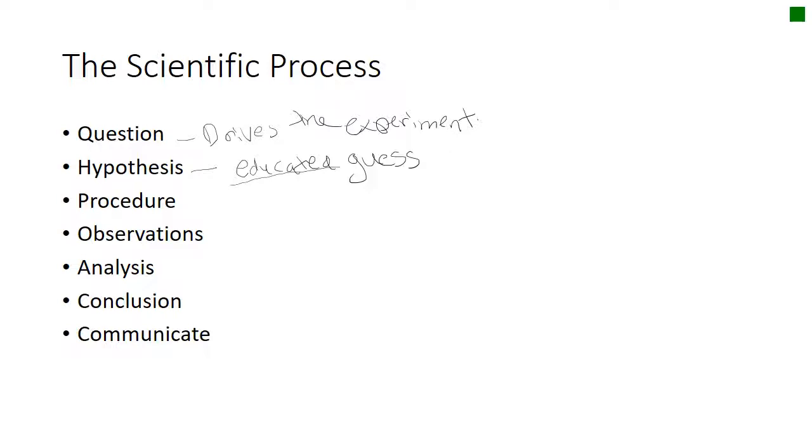It can also be stated as an if-then statement. Okay, we went over this in class, if-then statement. So if the temperature increases, okay, that's one variable, then the amount of exercise will decrease. Okay, so notice that we're always linking two variables together. And to be more specific, if you want to write it as an if-then statement, you can write it as if, and then this next variable is usually the manipulated variable.